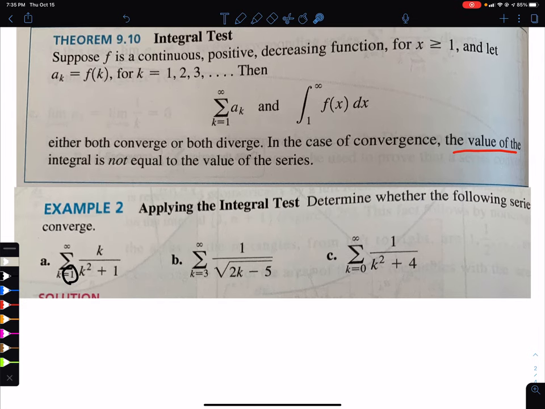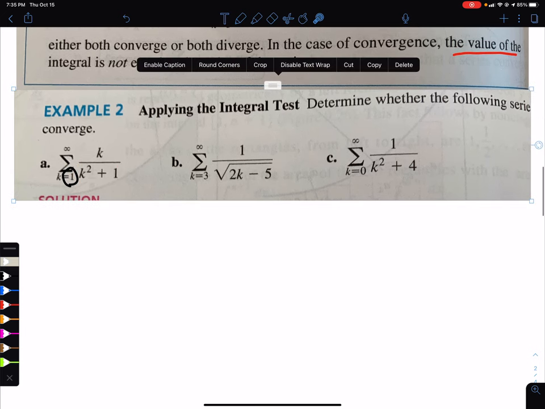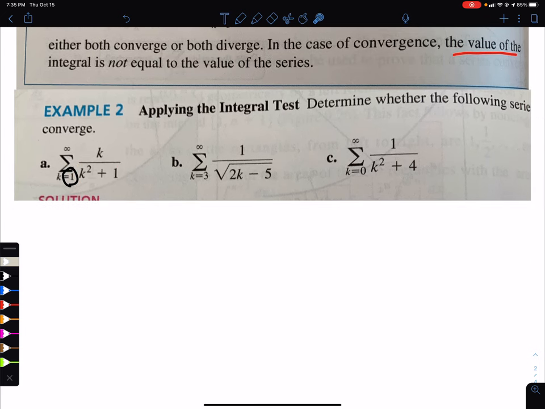And it's continuous because k is a continuous polynomial, and a continuous function divided by a continuous function is continuous as long as the bottom's not 0, and that bottom is never 0.